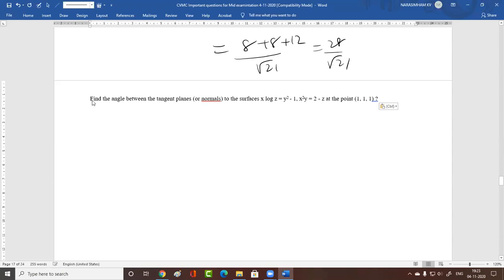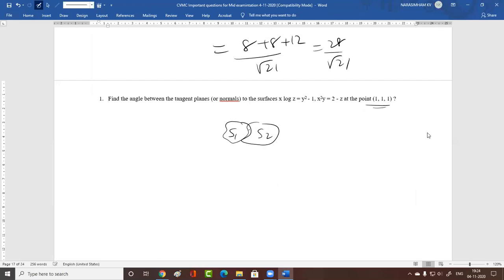This is question number 1. Find the angle between the tangent planes to the surfaces. Very, very important. Suppose this is the first surface and this is another surface, S1 and S2, at a common point 1, 1, 1. So the common point is this one.